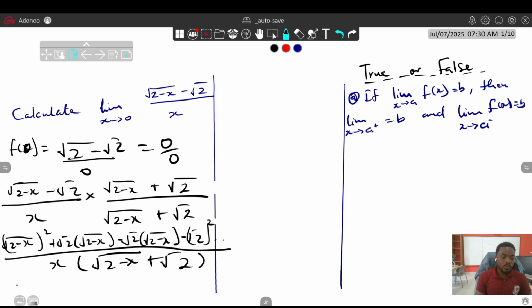All right, so if we simplify this, we are going to have 2 minus x. This goes away, right? And then we have minus 2. And then we have x times square root of 2 minus x plus square root of 2. Okay.